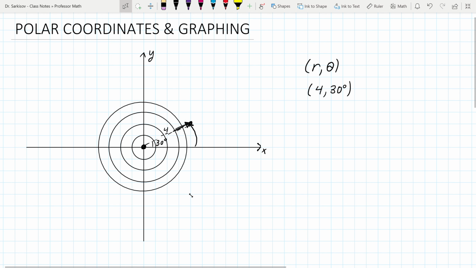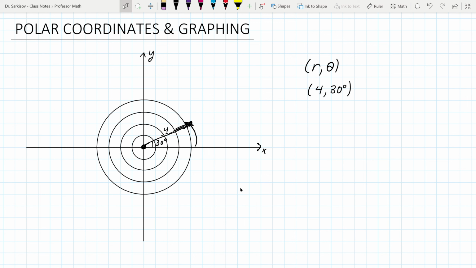I'm just playing around with circles until I can get it to work out neatly. And so there is our radius 4 circle, and you see that point should be 4 away.